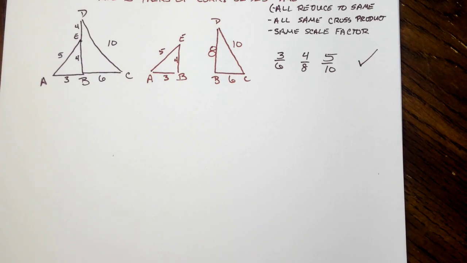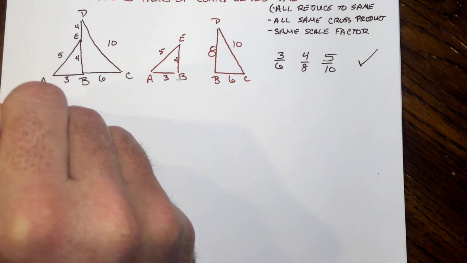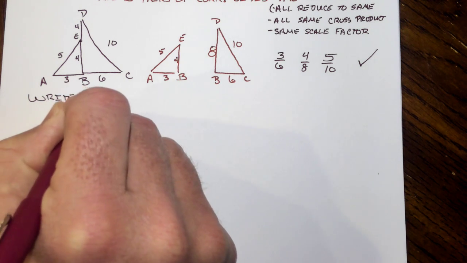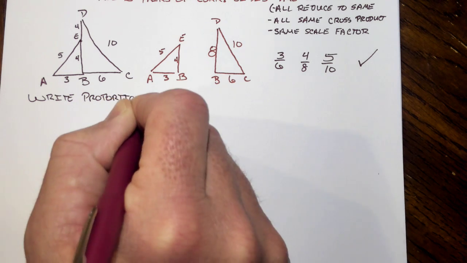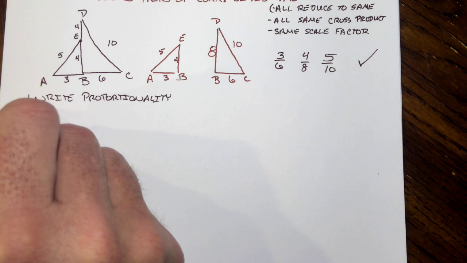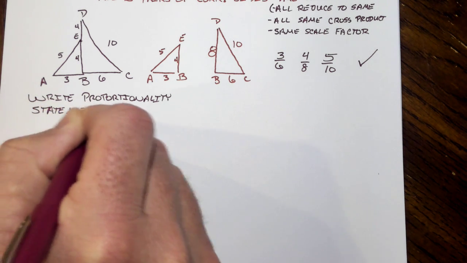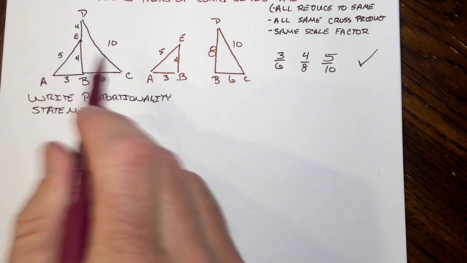So now that we have the check, write our proportionality statement. It would look something like this, taking our numbers and just putting the letters.